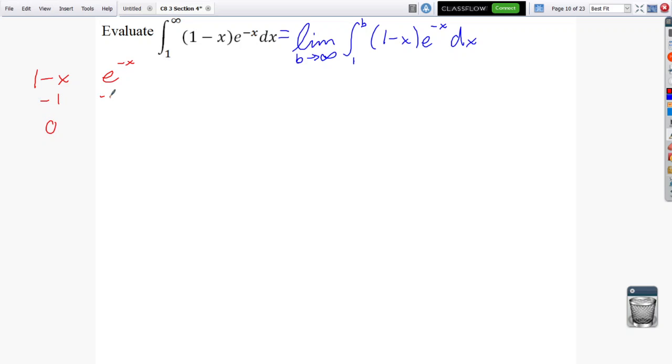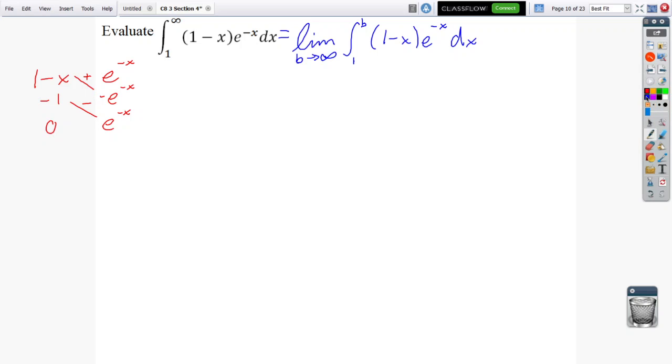Integral of e to the -x, negative e to the -x. Integral of negative e to the -x, e to the -x. Connect the diagonals. We got plus, minus. So now we can actually establish what our integral is.